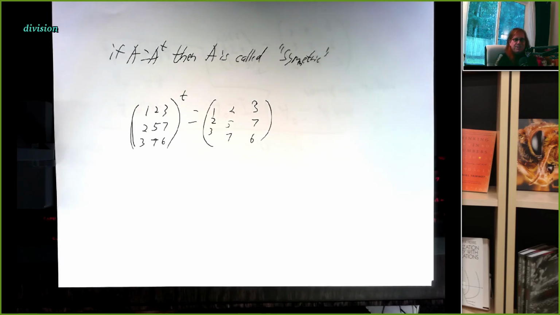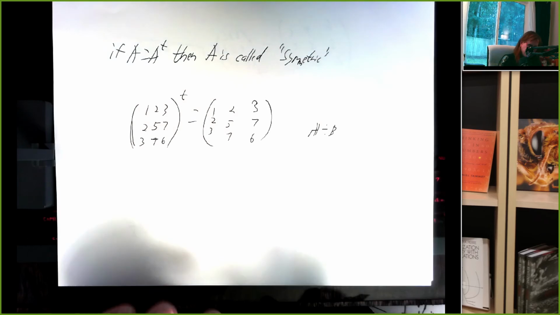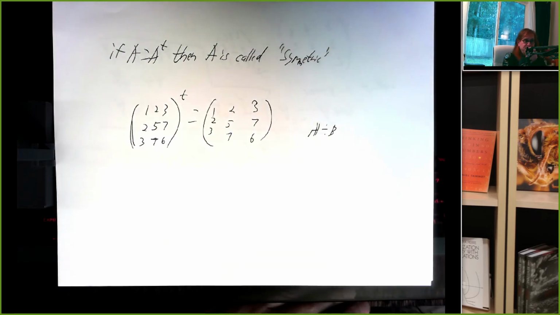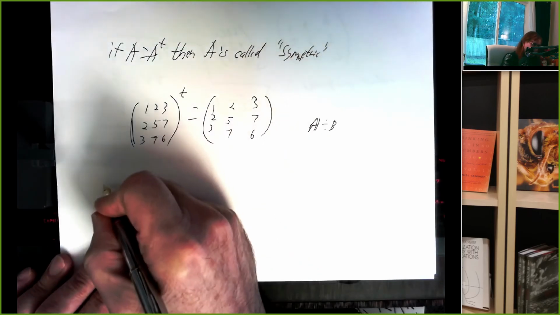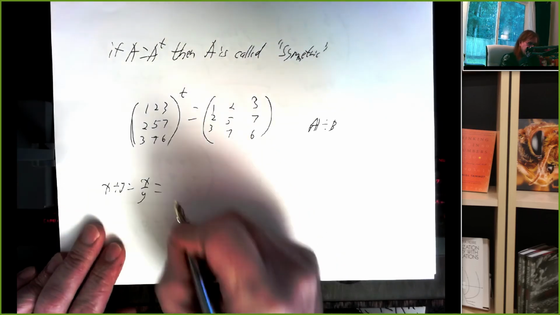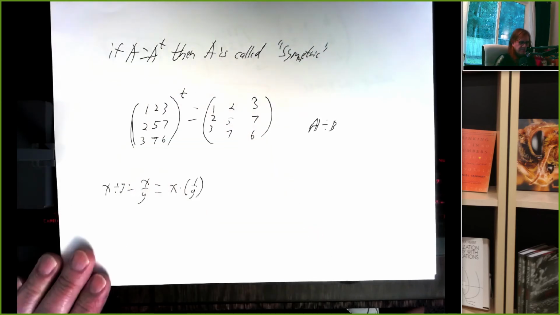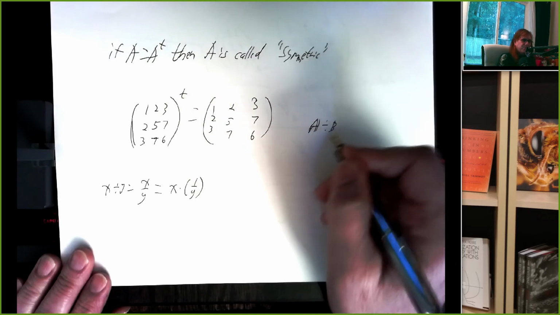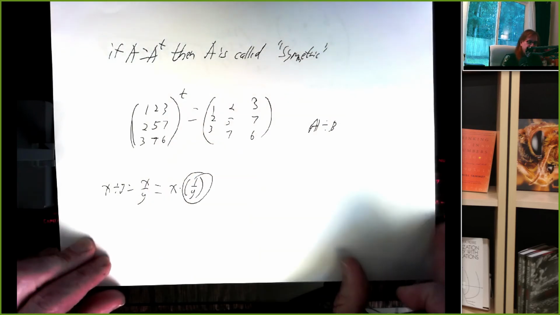Alright, we cannot divide matrices. There's no division operation. We can't really define A divided by B. But sometimes we can do something almost as good. If you think of algebra, x divided by y, x over y, is the same thing as x multiplied by 1 over y. Even though we don't have a divide operator for matrices, we sometimes have the ability to find the reciprocal of a matrix, or what's called the inverse.